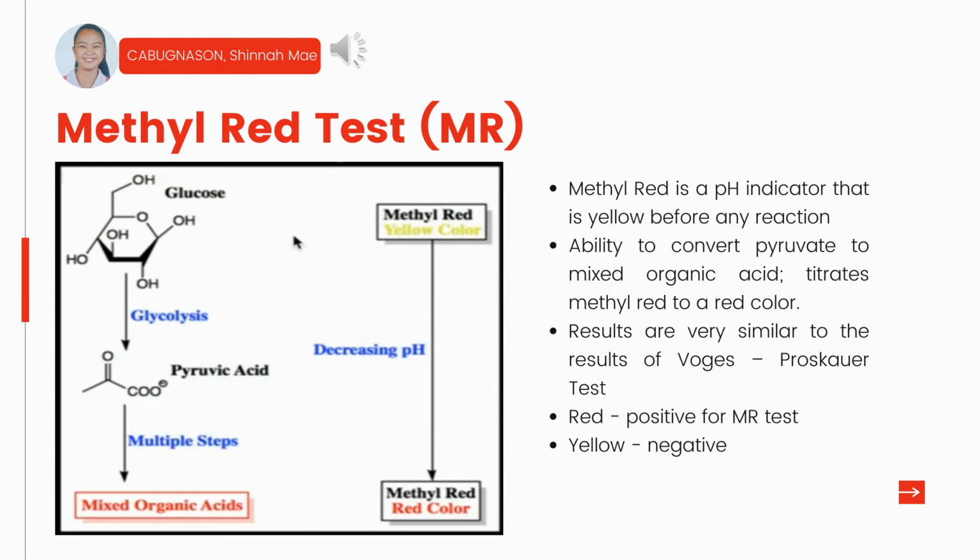So if we see a red color develop, that means the bacteria was able to convert pyruvic acid into mixed organic acid after glycolysis. One thing we should note is that the results of the methyl red test are very similar to the results of the Voges-Proskauer test. If it is yellow in color, these bacteria do not have the ability to convert pyruvic acid to mixed organic acid.